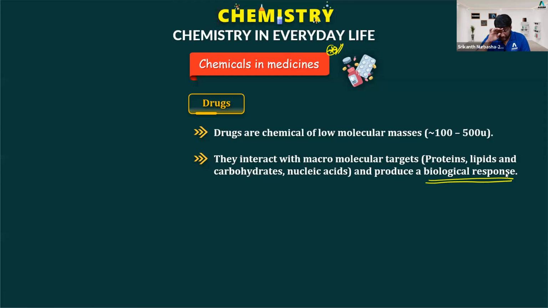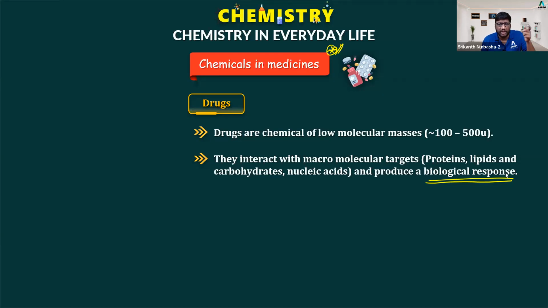Drugs interact with a macromolecule which is present inside the body, and they produce some response. Like you are suffering from some pain. I am suffering from some leg pain. I have taken a paracetamol. And what is the role of this drug? The drug has to realize where the pain is first. Yes or no?